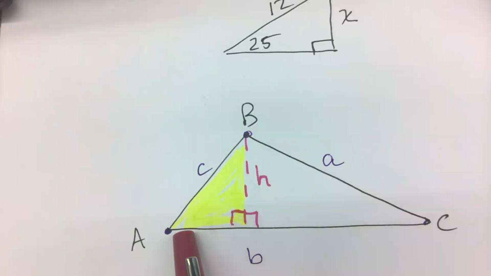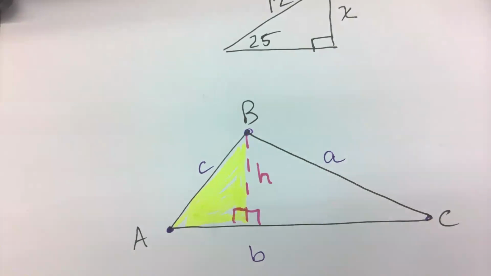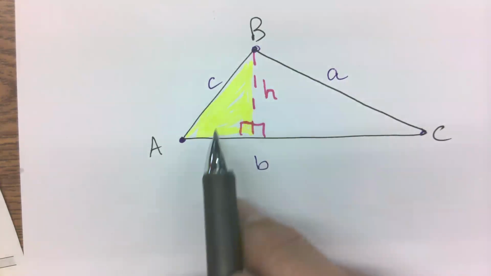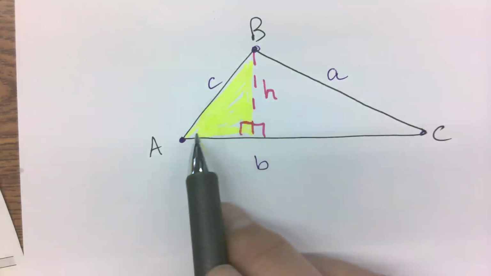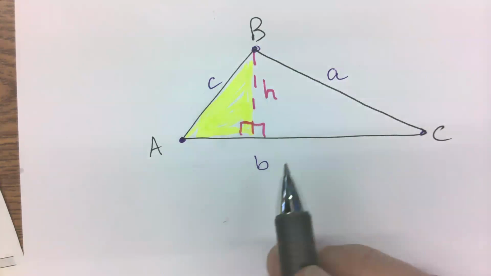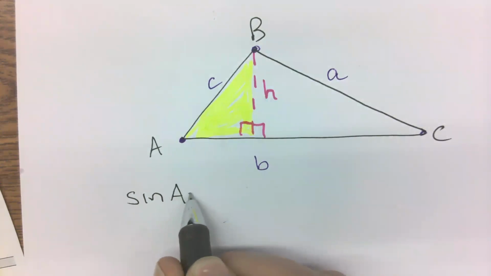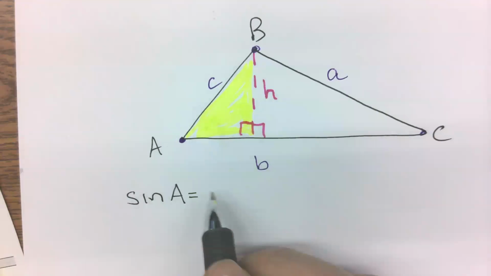So what trig function could I use using h and c, for example? Sine, cosine, or tangent? Good. It's the opposite and the hypotenuse, so I could use SOH, which means I could say that the sine of angle A equals h over c.